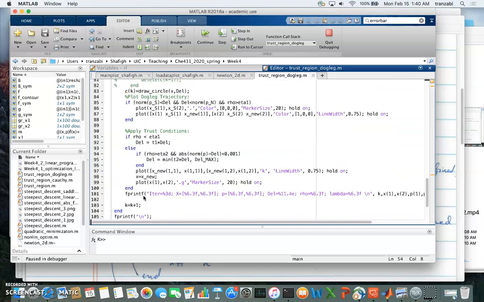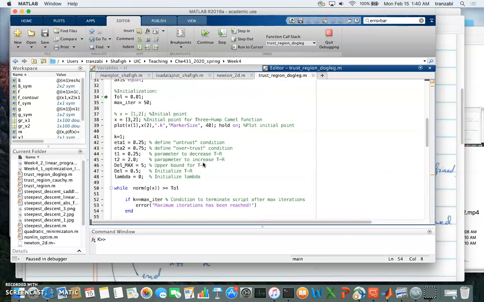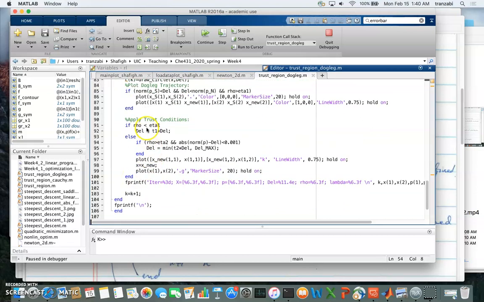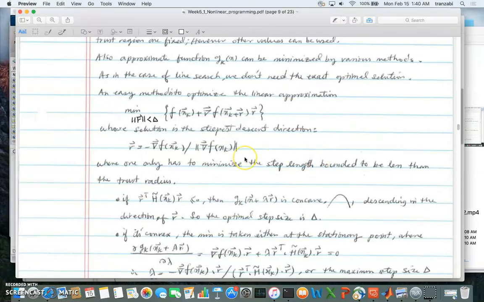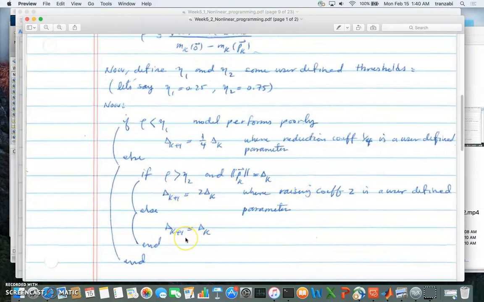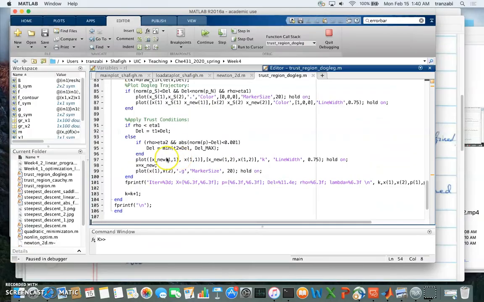So down here, if rho is bigger than eta 2, then we're going to double it. So this is t2, which is 2 times delta. And we also have to bound it by the maximum delta. Just to make sure, t2 is 2. So we talk about eta 1, we talk about eta 2. And the last option is if none of these happens, then we're not going to change delta. So in the script, we don't do anything. We just keep delta.